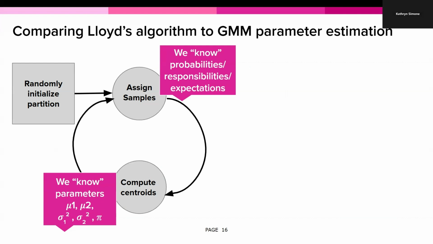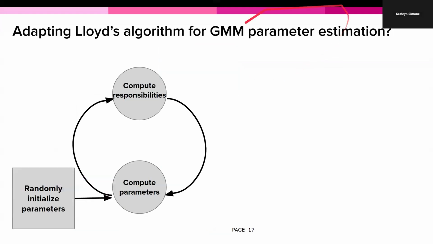Could we adapt something like Lloyd's algorithm to handle the added complexity of Gaussian mixture models? Let's walk through this idea and see how it plays out. Let's randomly initialize the parameters of our Gaussian mixture model, akin to the random initialization of clusters in k-means.